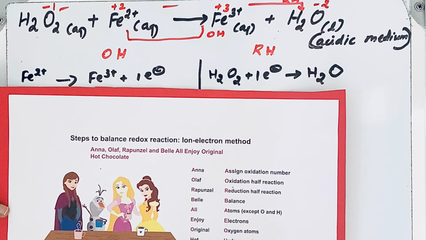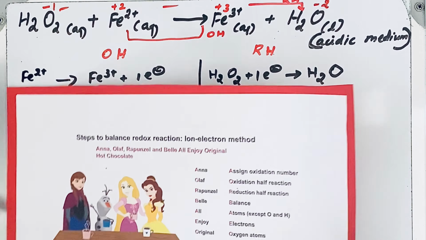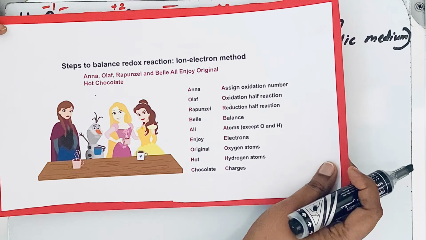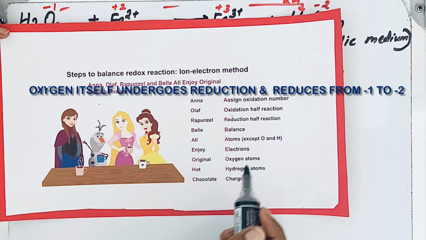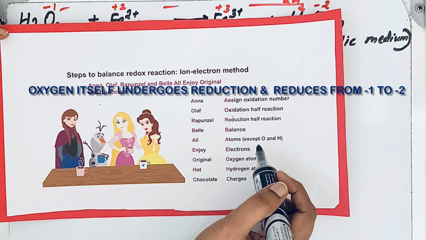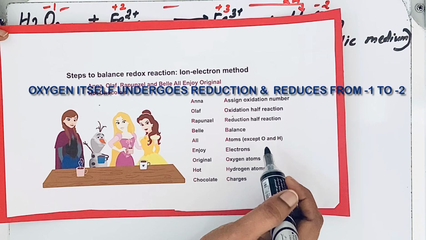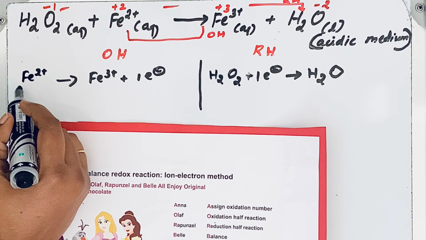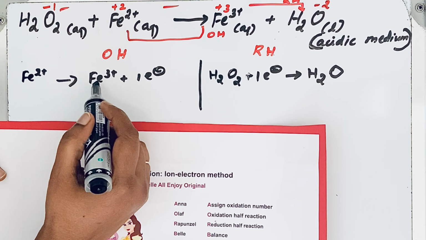Now come to the next step. Balance. What are we going to balance? Balance atoms except oxygen and hydrogen. But look here, oxygen is an exceptional case because oxygen is present like in hydrogen peroxide. First let us start from here. Here 1 Fe only, here also 1 Fe, so it is already balanced.